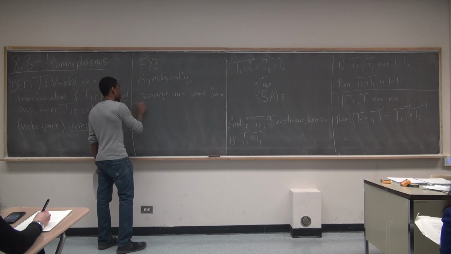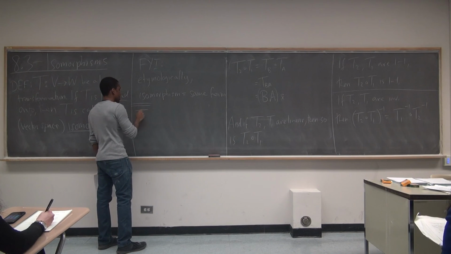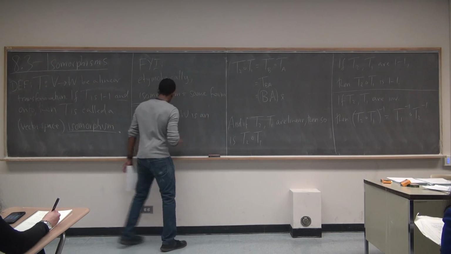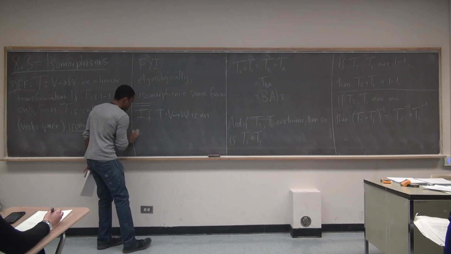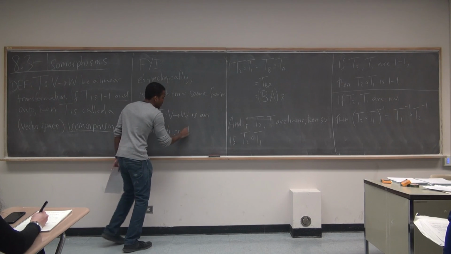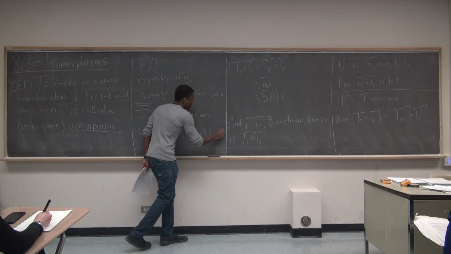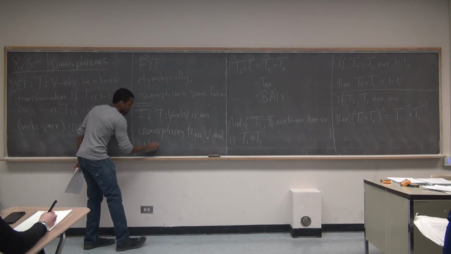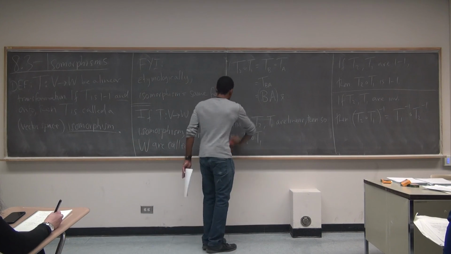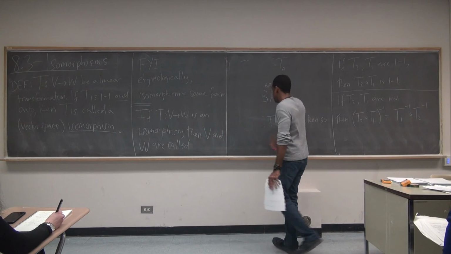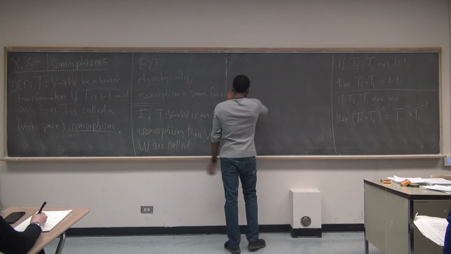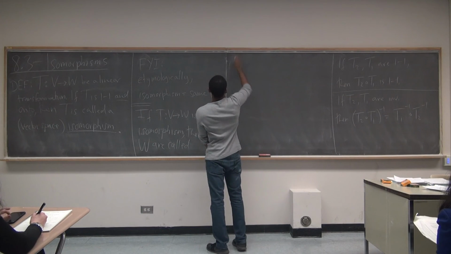So that brings us here. If T from V to W is an isomorphism, then V and W are called isomorphic. So you'd say V is isomorphic to W. And based on what the word actually means, you can see where we're going with this.